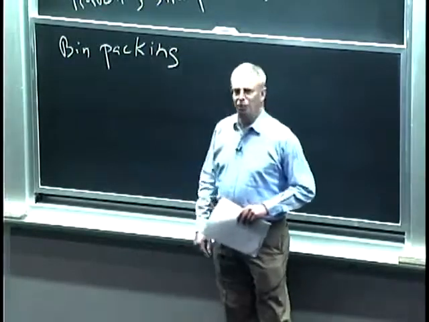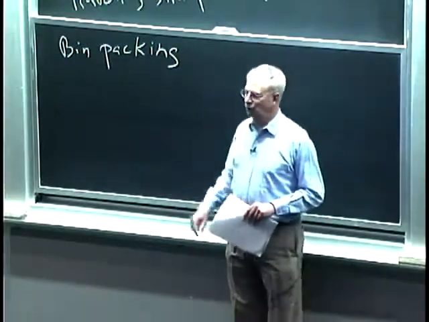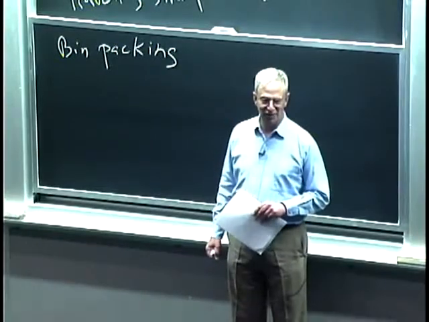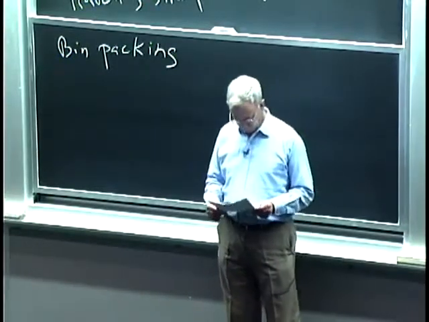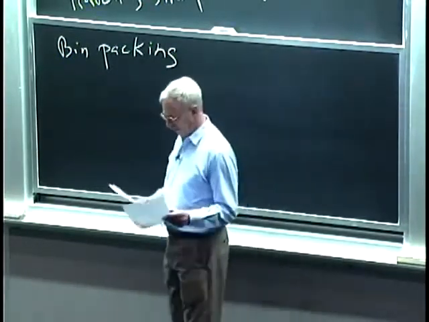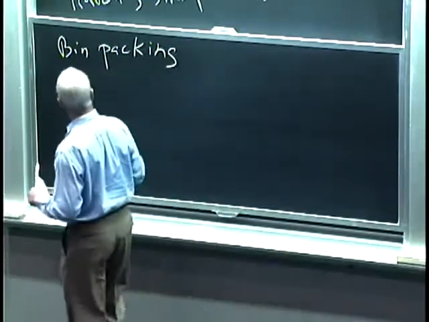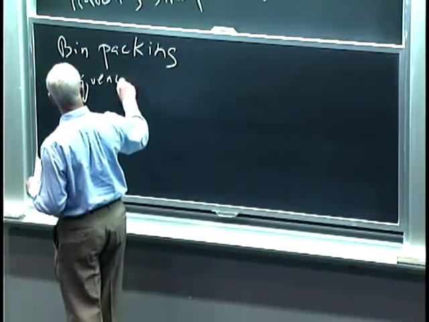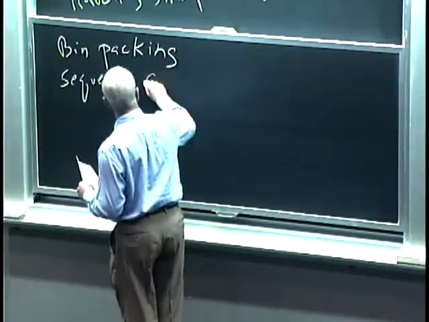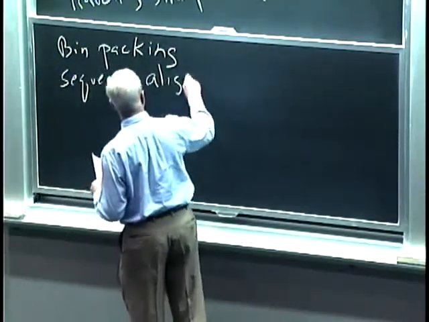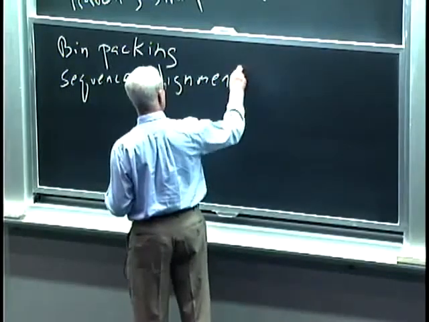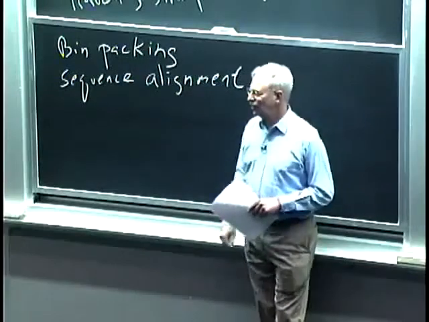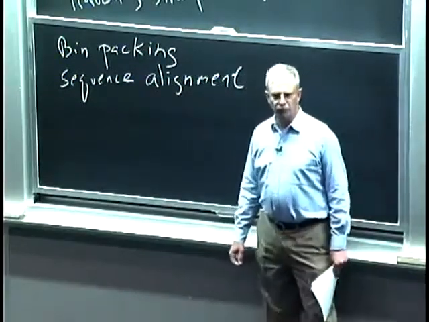Very important in shipping. People use bin packing algorithms to figure out, for example, how to load up container ships, moving vans, all sorts of things of that nature. In biology and in natural language processing and many other things, we see a lot of sequence alignment problems. For example, aligning DNA sequences or RNA sequences.